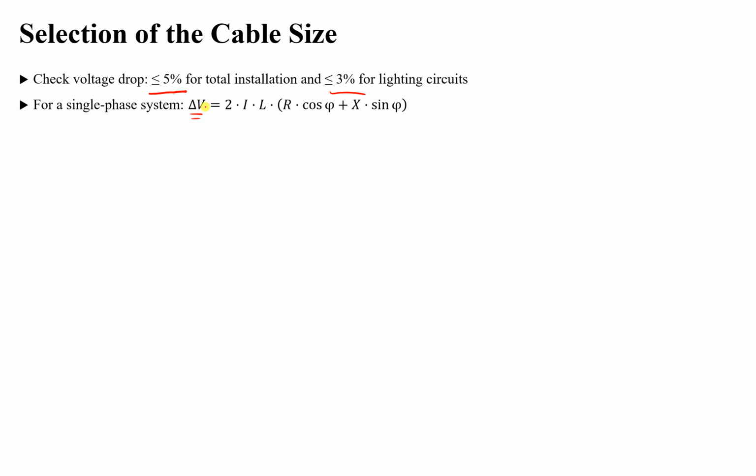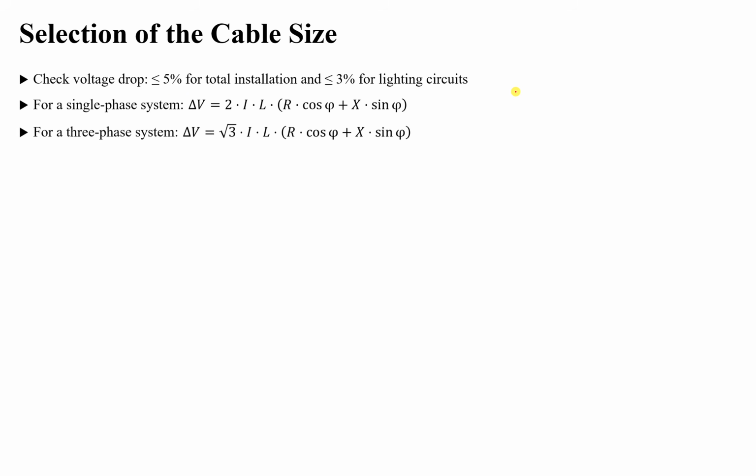Voltage drop is 2 multiplied by the current multiplied by the length, multiplied by the resistance of the cable per meter, R, and X, which is omega L for the effect of inductance, and here using the power factor we get the two components. Now the 2 is since we have a line going and one coming back, one for the phase and one for the neutral. This is the total voltage drop.